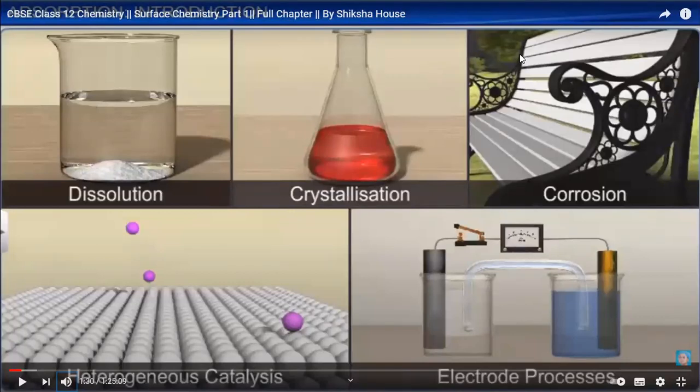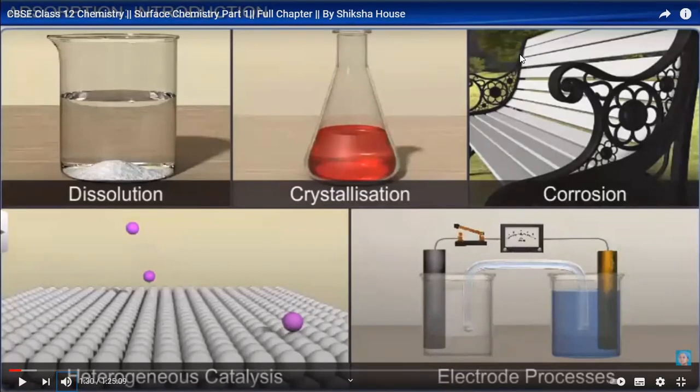Second is the heterogeneous catalyst. If you put a catalyst in any reaction, it does not mix with it. The catalyst process is like a lock and key mechanism, and if the catalyst is of a different quality, it does not participate in that reaction properly. So a heterogeneous catalyst is also an example of adsorption.